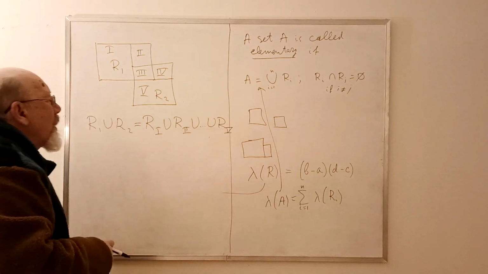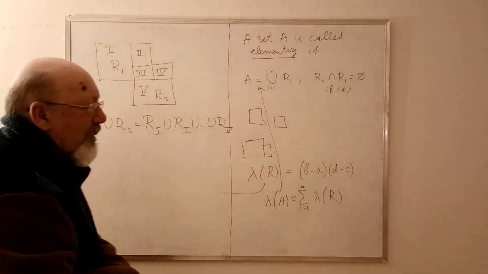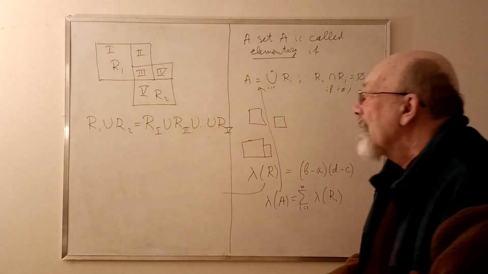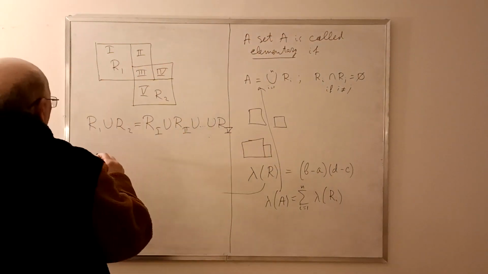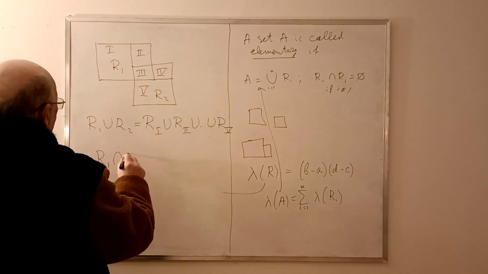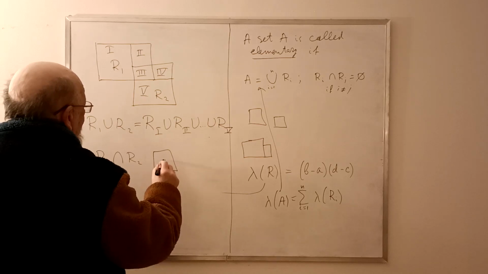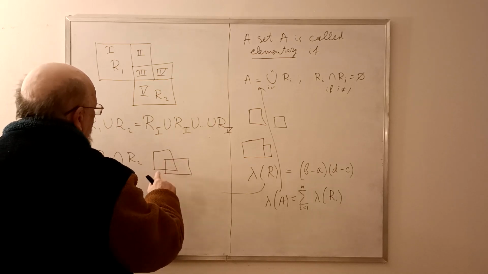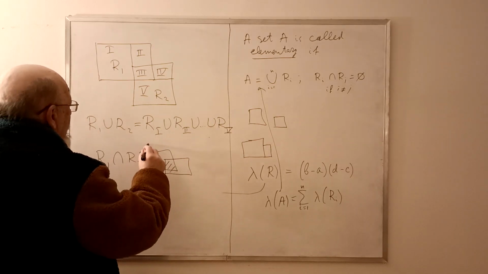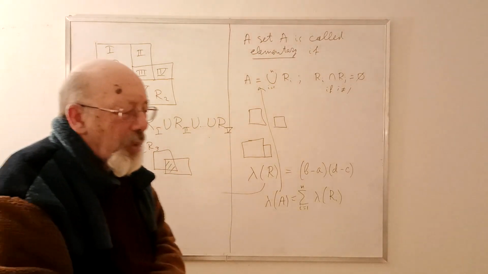We can see easily the following thing: R1 intersection with R2 looks like this. It is a rectangle, R3. So it is a rectangle, no problem.